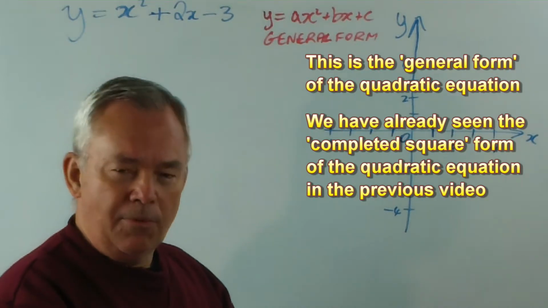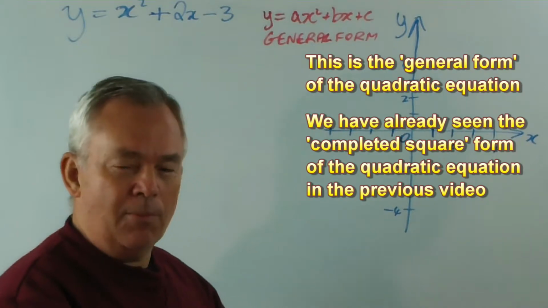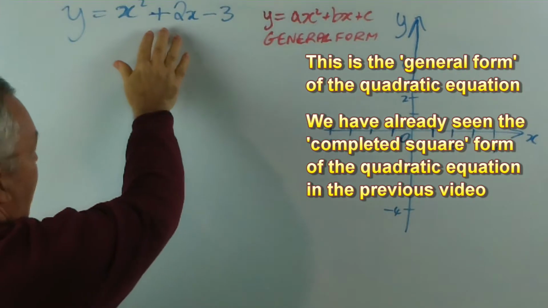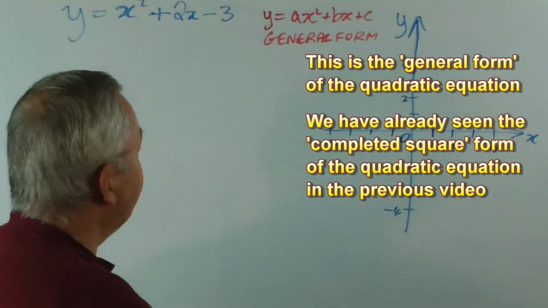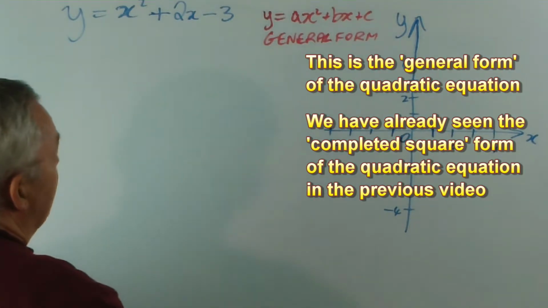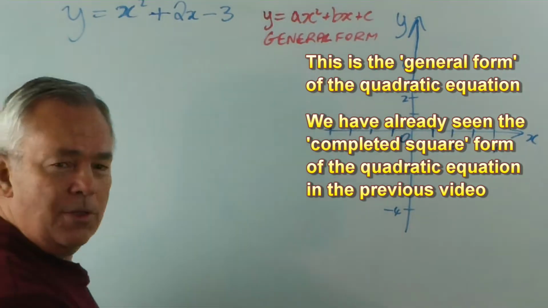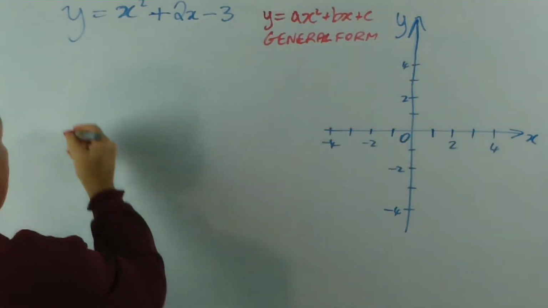In fact, we used a different form in the previous video called the completed square form, and we're going to revisit that in time. But this is the common one that students are introduced to first in schools, and it's particularly good at finding the very first of these 4 items that mathematicians want to know.